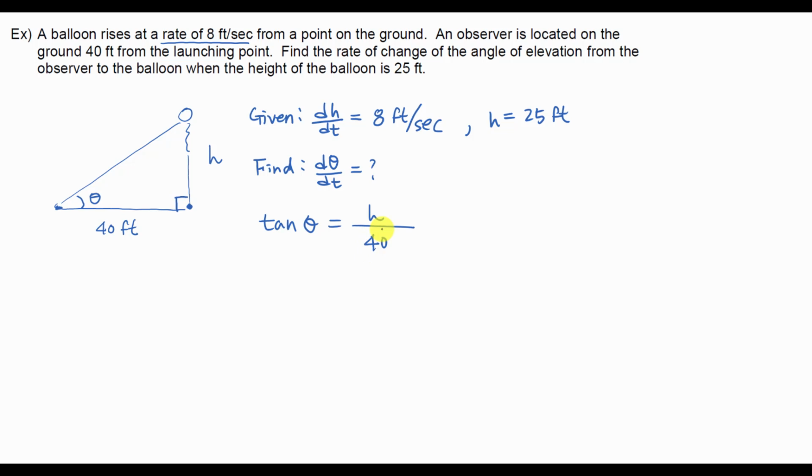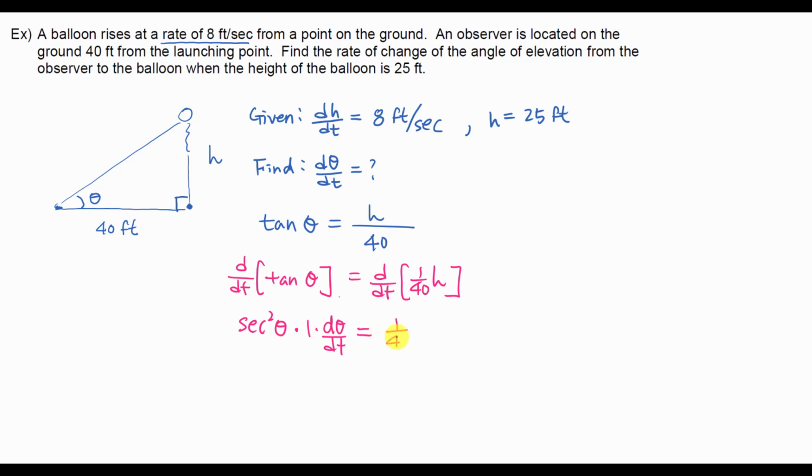So now you can take derivative of both sides of this equation. So take derivative of both sides with respect to t. Then derivative of tangent is secant square theta. Now you need to take the derivative of theta, which is 1, and chain rule d theta dt, which is equal to derivative of 1 over 40 h with respect to t, which is 1 over 40 dh dt.